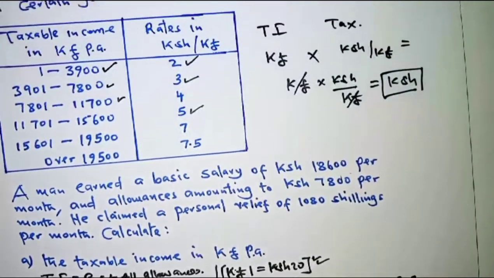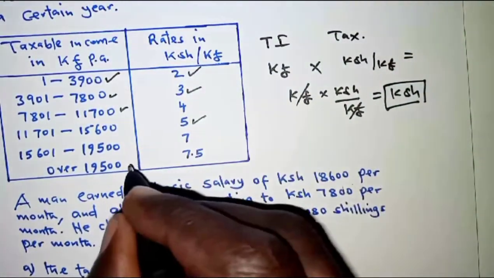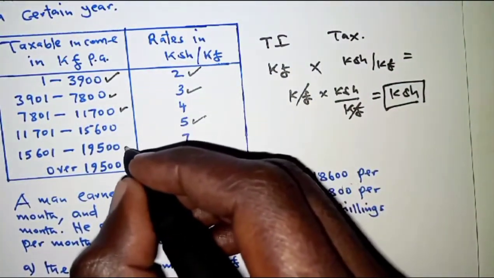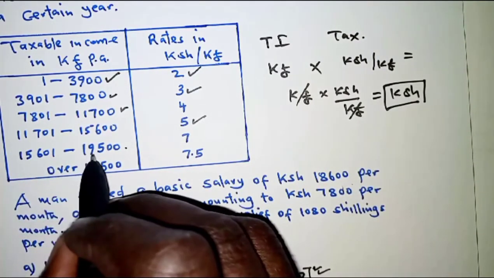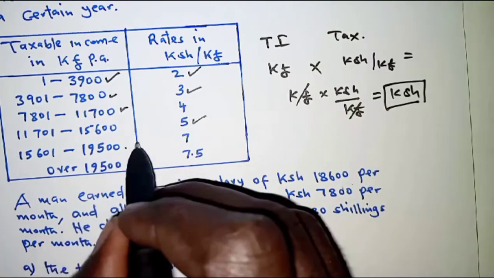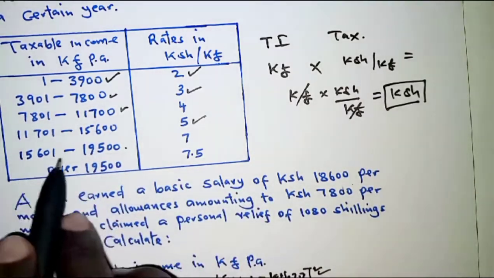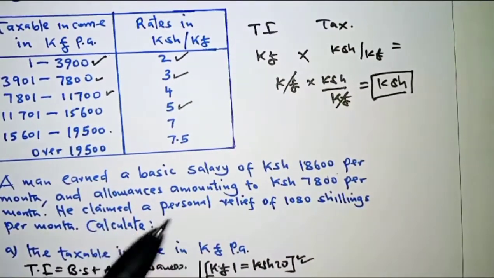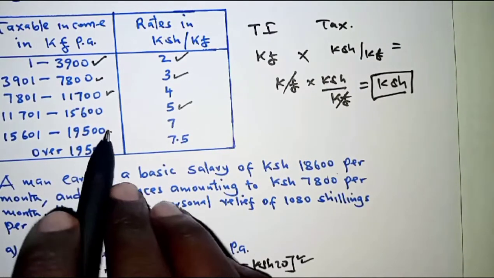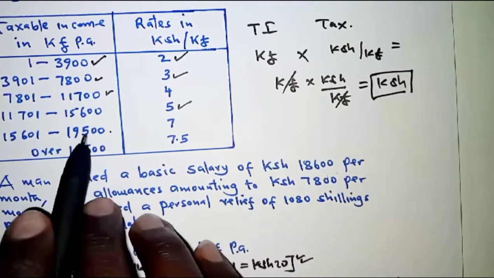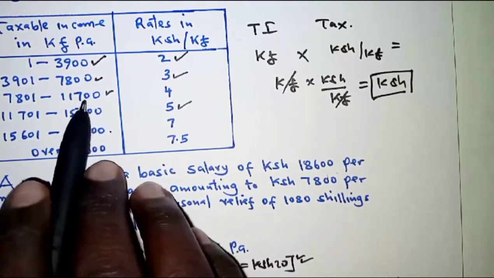From there, we move to the next band, and the next band is this one here, between 15,601 and 19,500. So in this band here, we have the taxable income line, but for 19,500, this is way above our taxable income, so we cannot subtract these two.